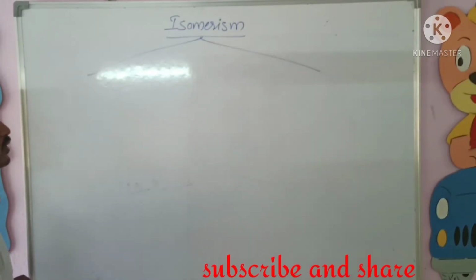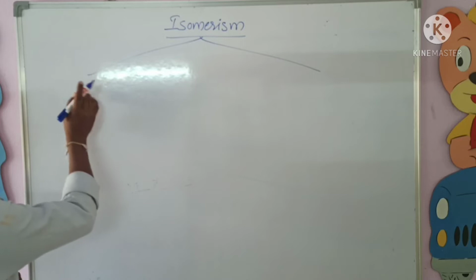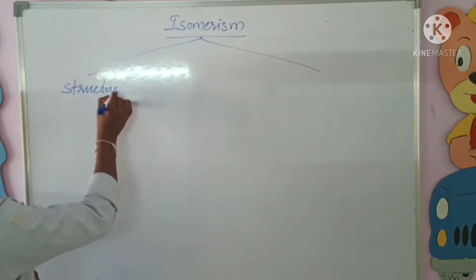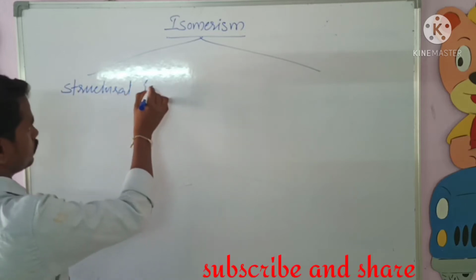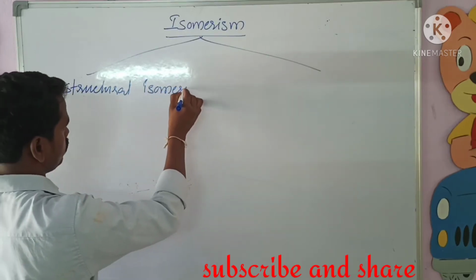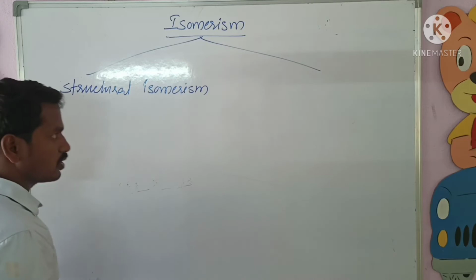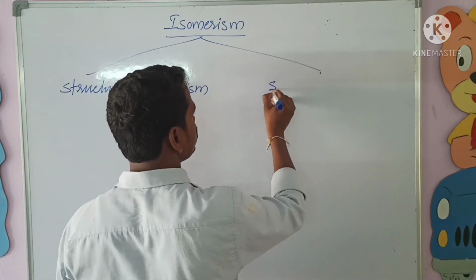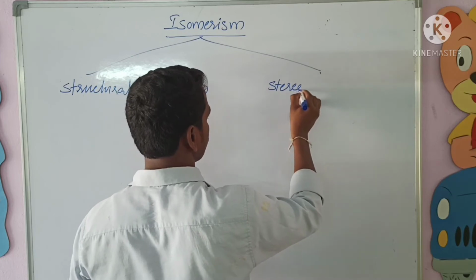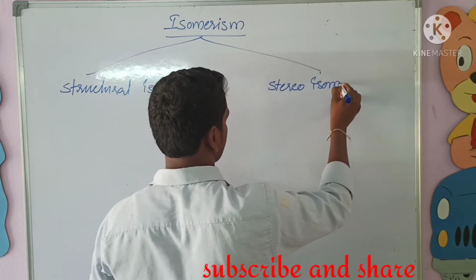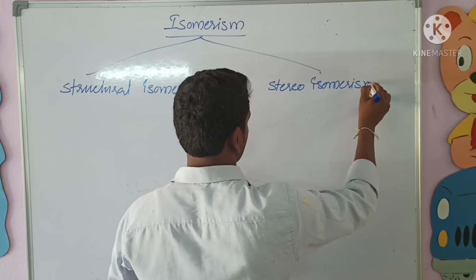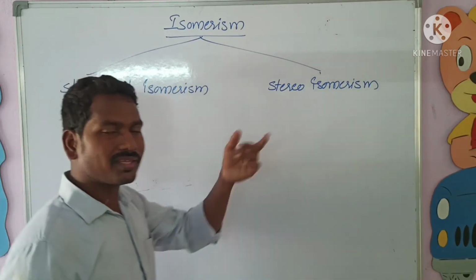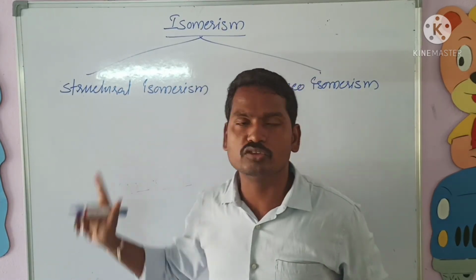The first one is structural isomerism, and the second one is stereoisomerism.